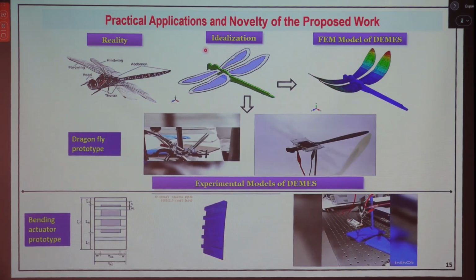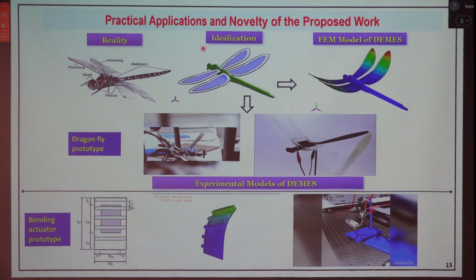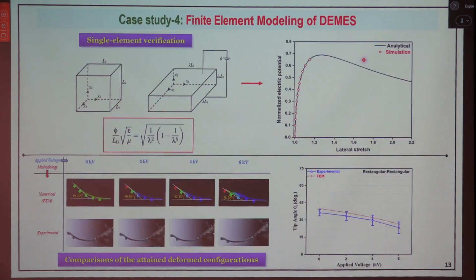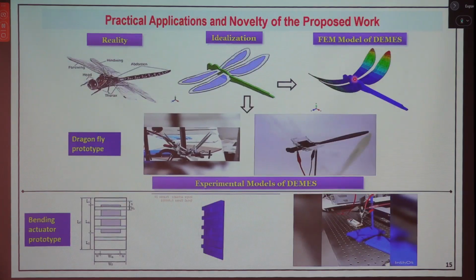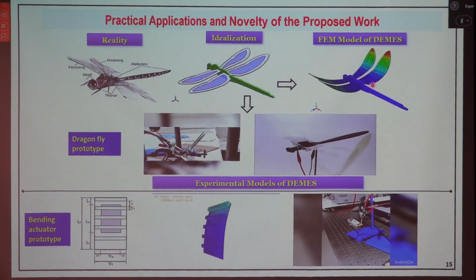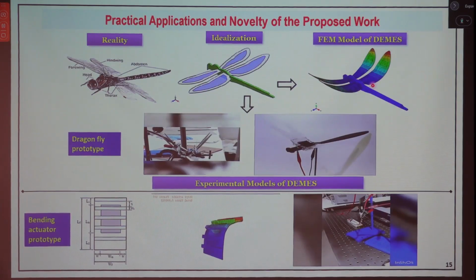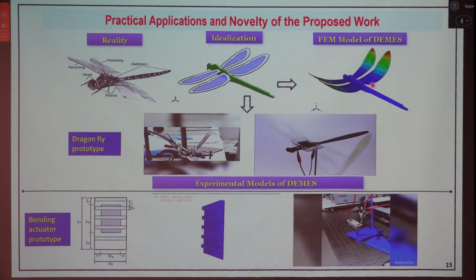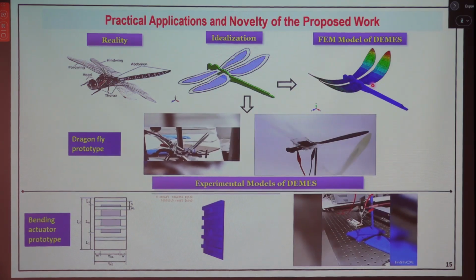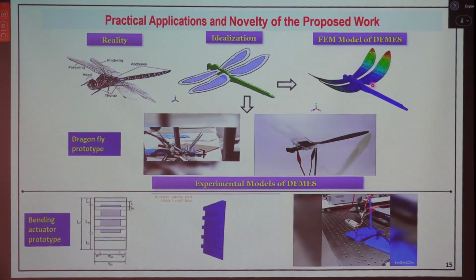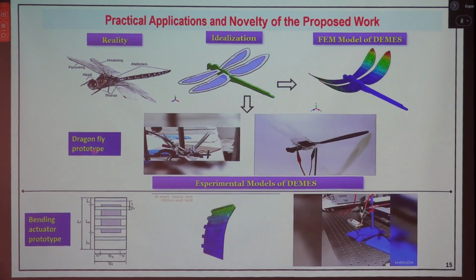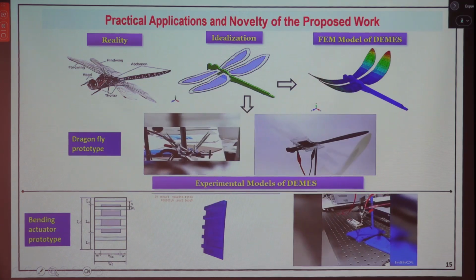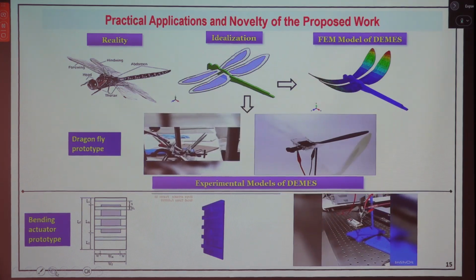So some idealization we have done for the finite element simulation work, and the finite element model that we have developed, we have implemented in Abaqus to find out the response of this dragonfly for different pre-stretch. When we change the pre-stretch, its wings will have a different attained shape. Okay. Then when we apply the voltage, it is going to have a different motion. And this is the exact experiment we have also carried out. So we get a good trend match between the experimental and the finite element.